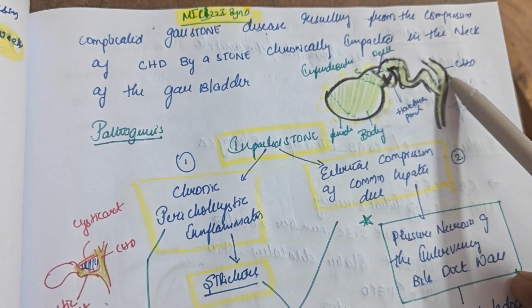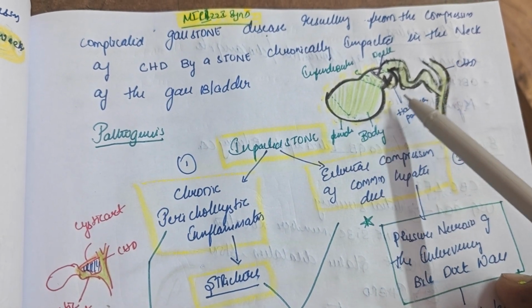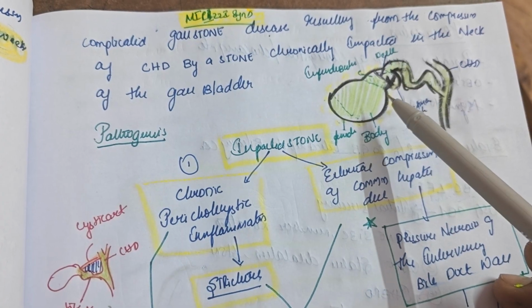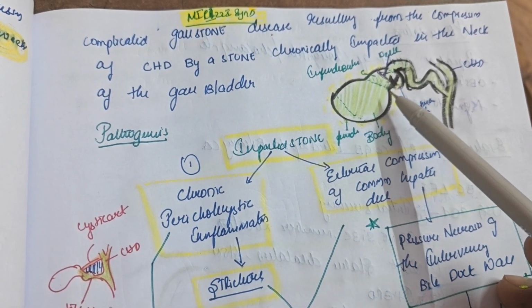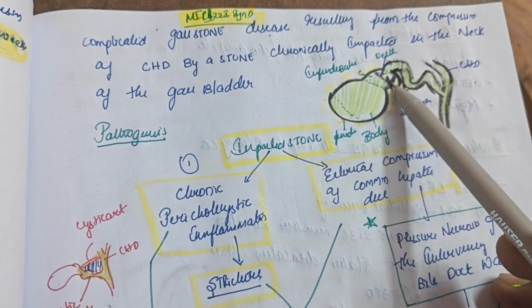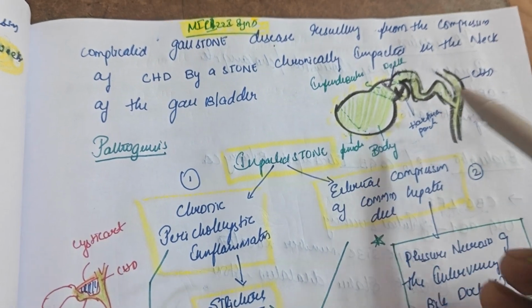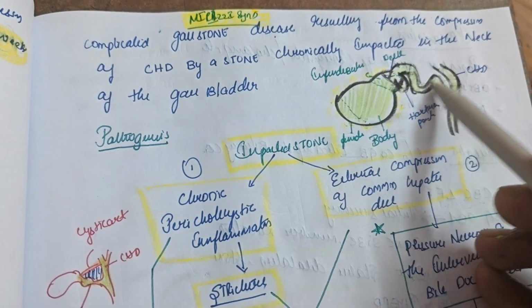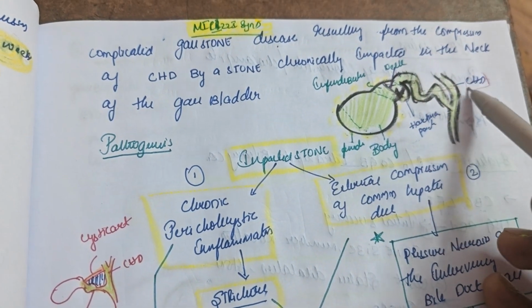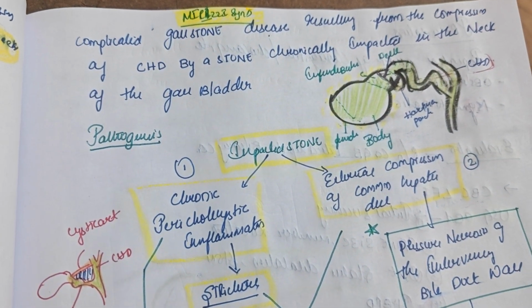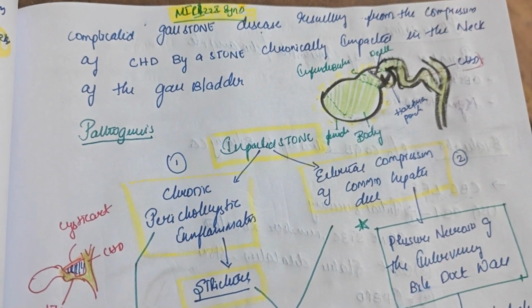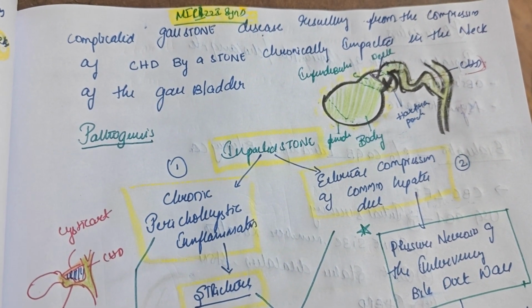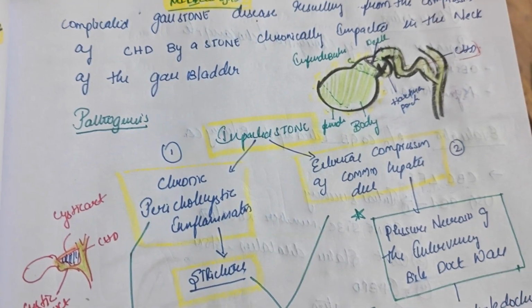Now, what happens in this Mirizzi syndrome is that this is a complication of gallbladder disease. The stone in the gallbladder compresses the common hepatic duct. This compression of the common hepatic duct is by a stone chronically impacted in the neck of the gallbladder.